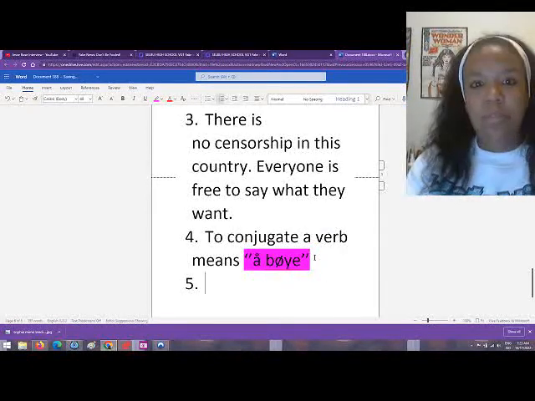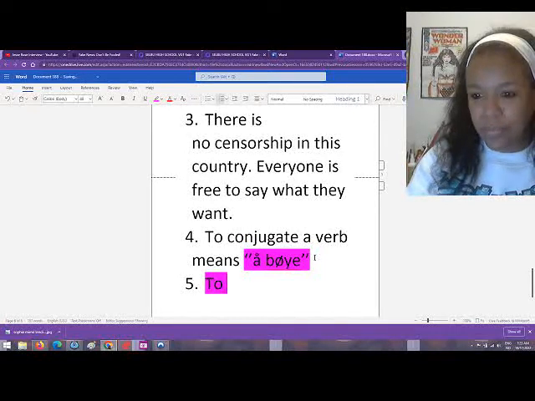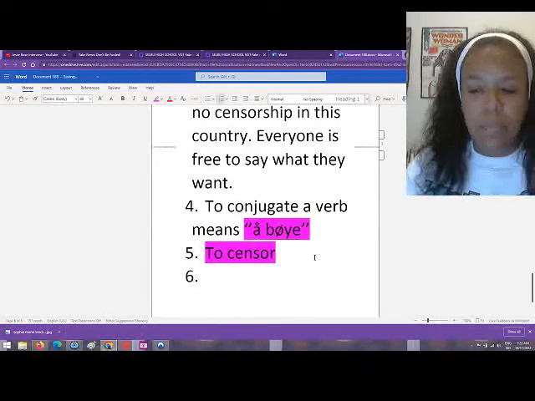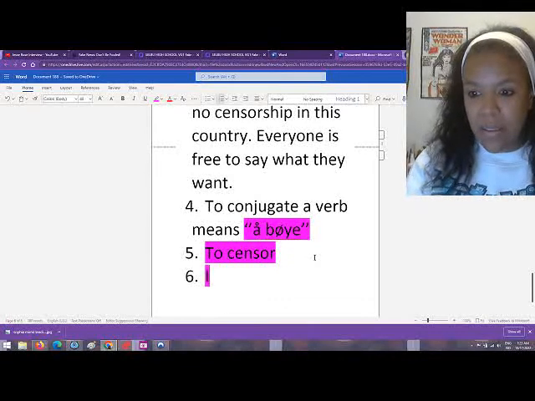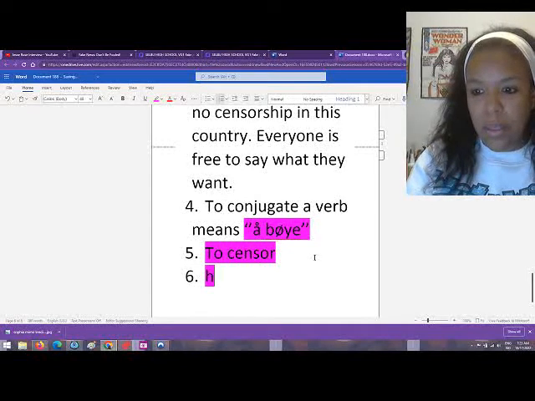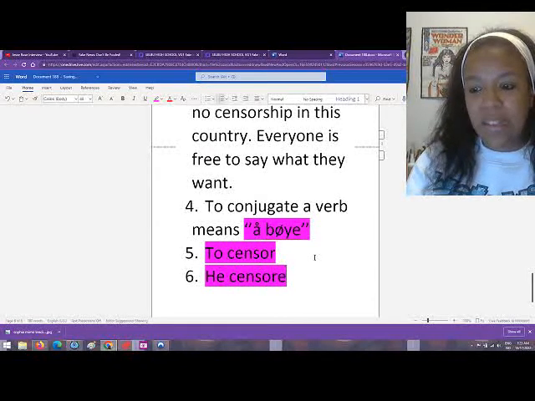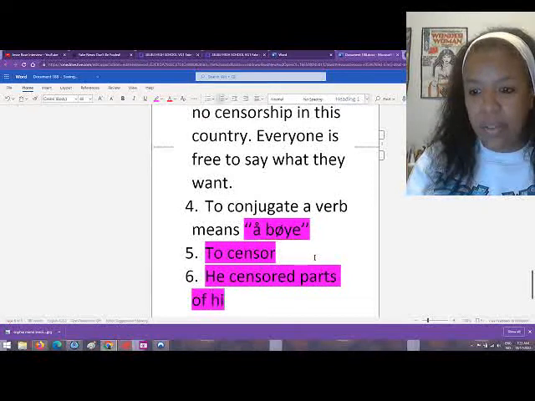So, for instance, to censor, you can use it in a simple present and say, he censors parts of his speech.